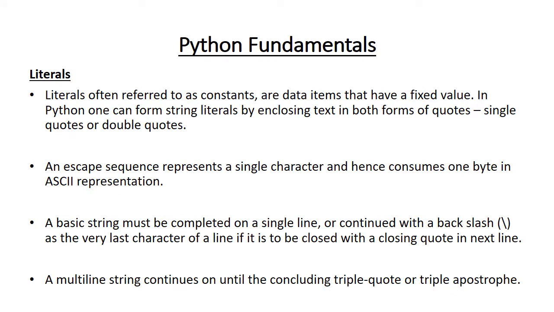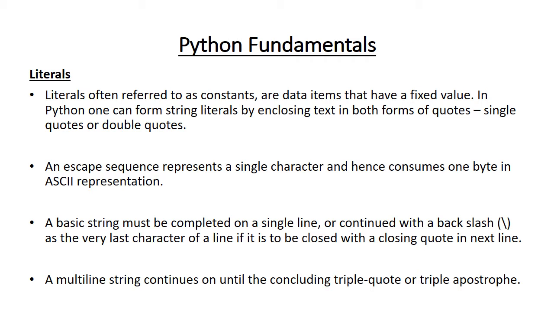Literals. Literals are often referred to as constants, or data items that have a fixed value. In Python, one can form string literals by enclosing text in either form of quotes, single quotes or double quotes. An escape sequence represents a single character and hence consumes 1 byte in ASCII representation.